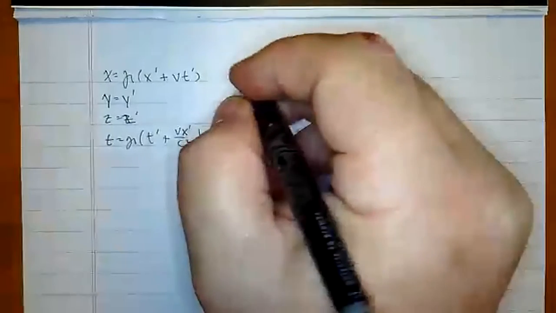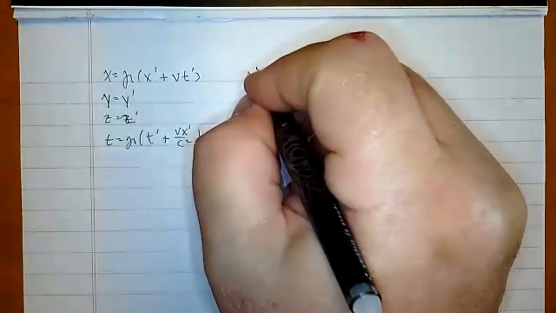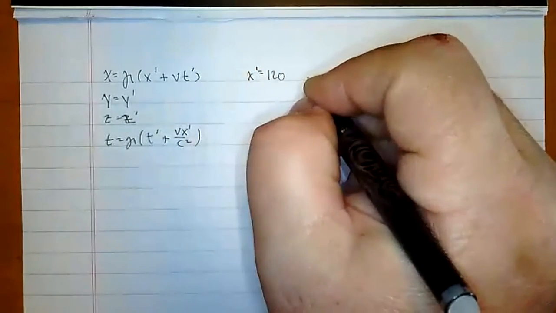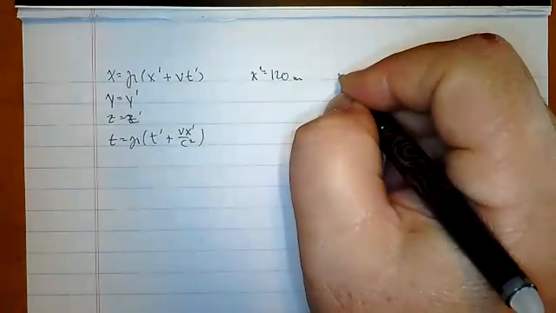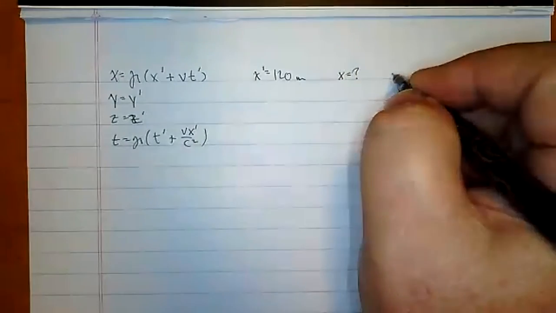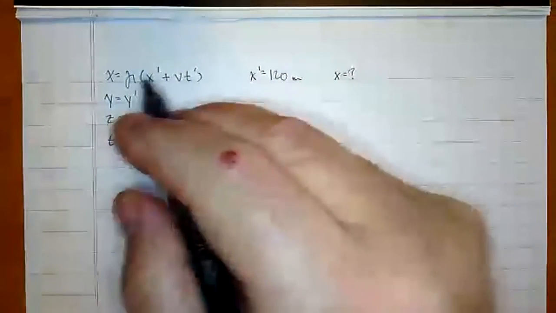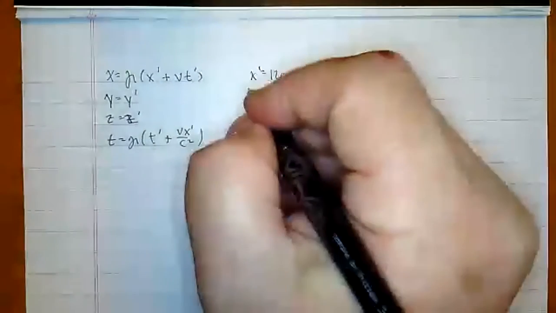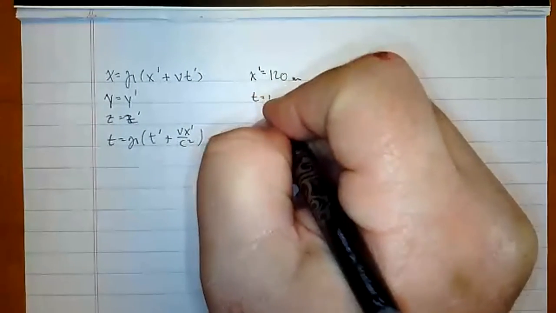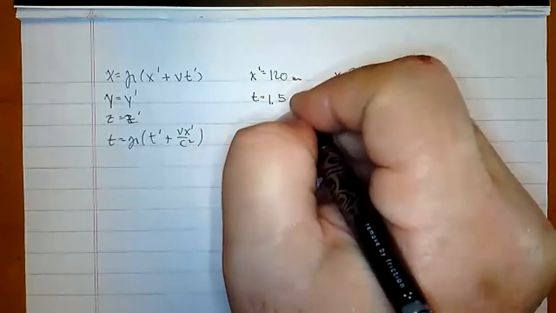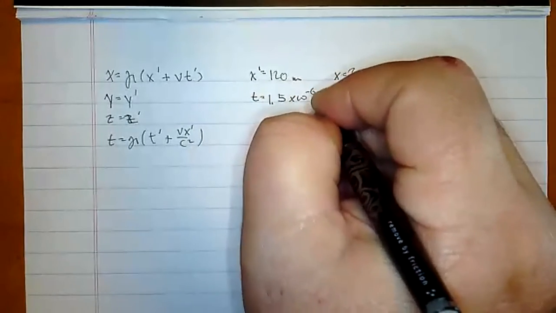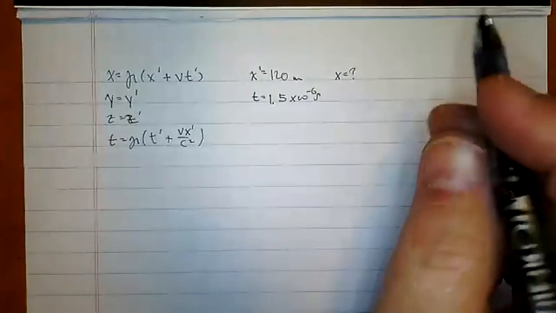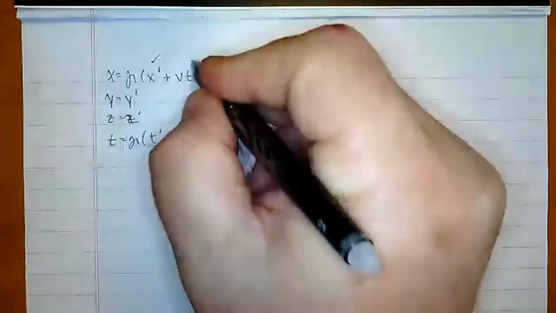What they gave us was that x prime is equal to 120 meters. They want x equals question mark. You can obviously put in x prime there, but you don't have t prime, because they also gave us t, which was equal to, I think, 1.5 microseconds. Yes. So we've got this, but we don't have this, and we want this. So this is our question mark.